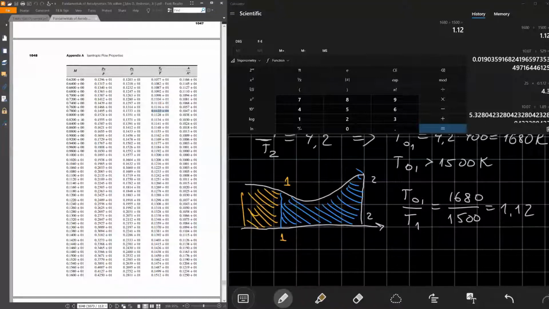And we see that it's Mach 0.78. From here we see that M1 is Mach 0.78, and it's subsonic, so we are in this subsonic section. And the area ratio A1 by A asterisk is 1.047.